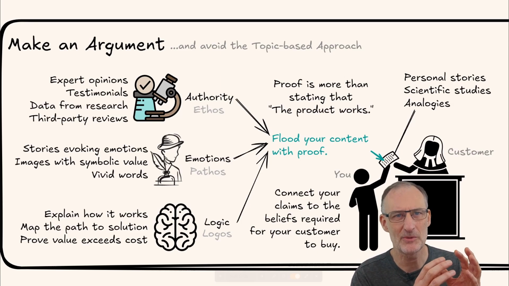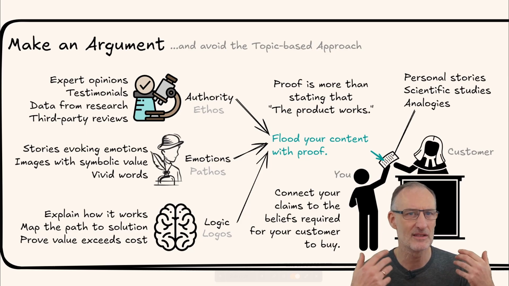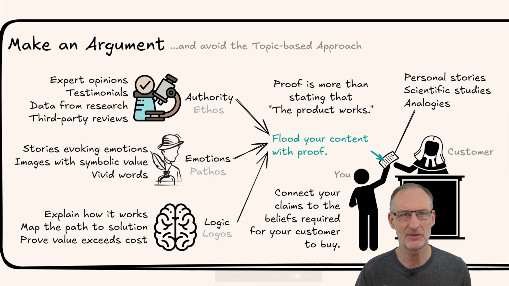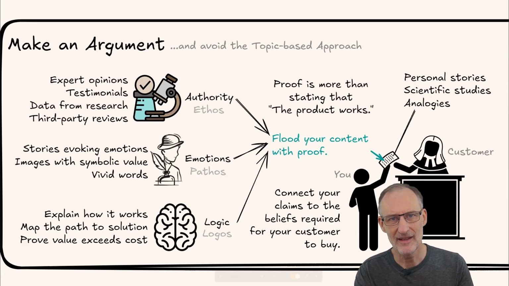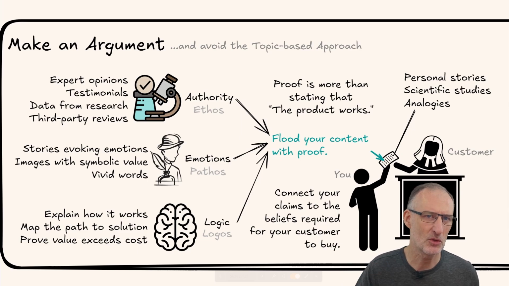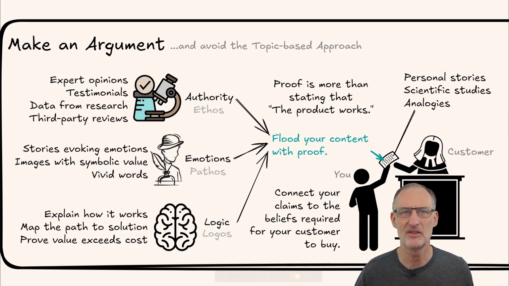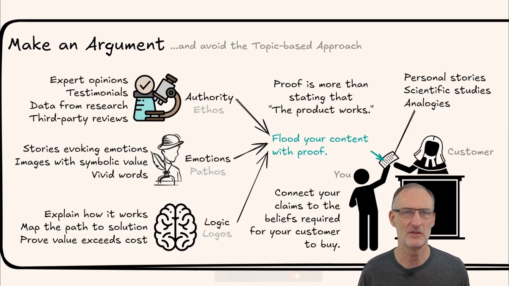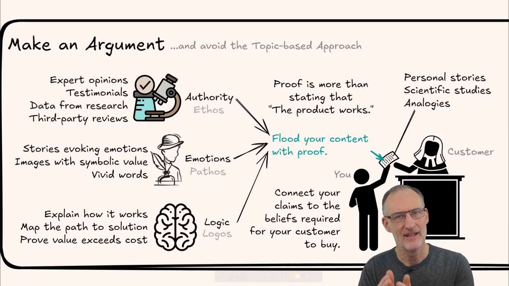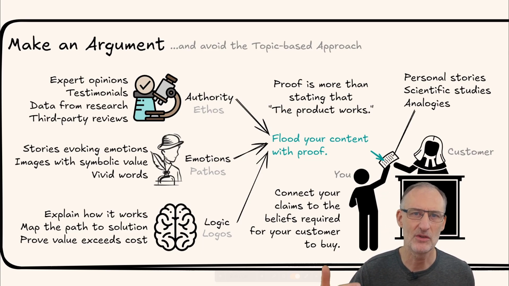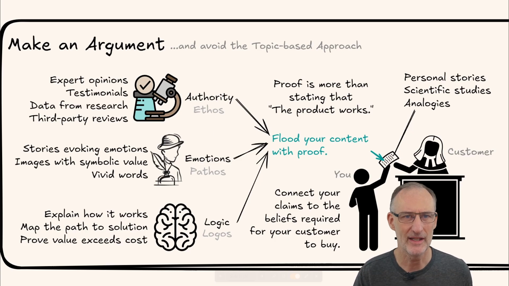Authority is about expert opinions, testimonials, data from research, third-party reviews, etc. Then pathos, or emotions, is about stories, images with symbolic value, vivid words that you're creating to evoke the right feelings you want in your audience. And finally, logic, or logos, explains how your solution works and why it works.